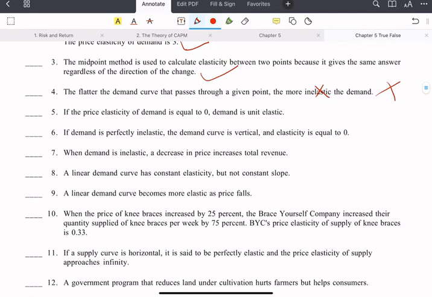If the price elasticity of demand is equal to 0, demand is unit elastic. Of course, it's not, because if the demand is unit elastic, then elasticity should be equal to 1, right? So this is incorrect. Okay, I will just finish 4 true-false problems so we could continue to solve the other problems in the next class.